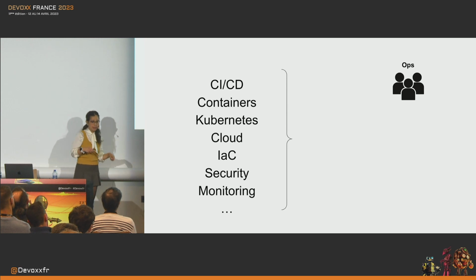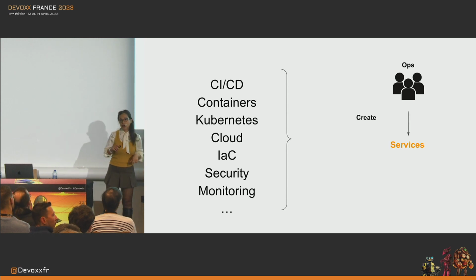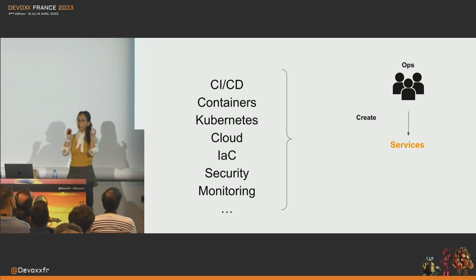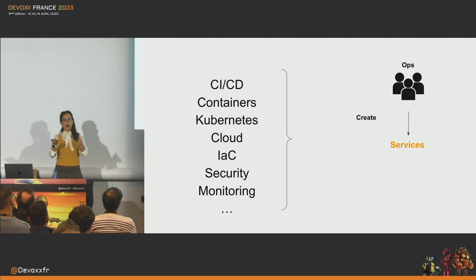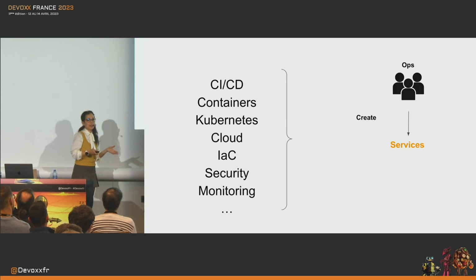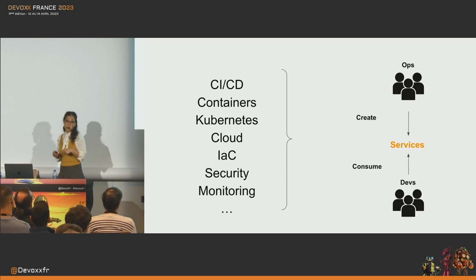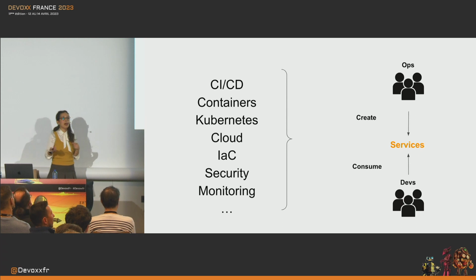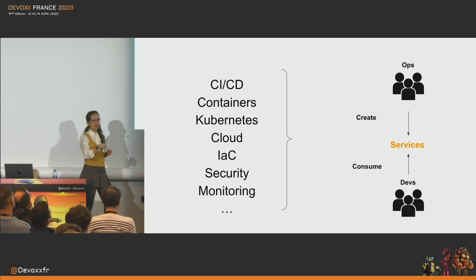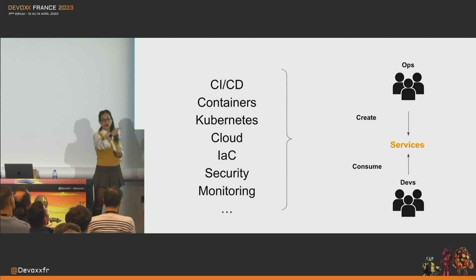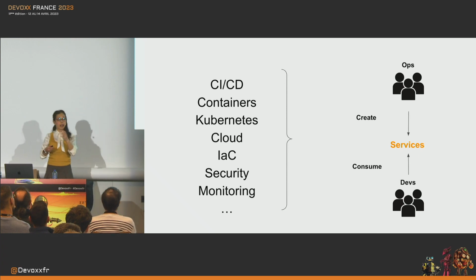Not only that, they should expose all these tools to our developers across the organization, meaning that we can see all these tools as services, and the developers will be our consumers. So every developer in the company will be able to use any of these tools and customize them the way they like, by exposing all these tools and technologies as services, which are managed and maintained by the operations team.